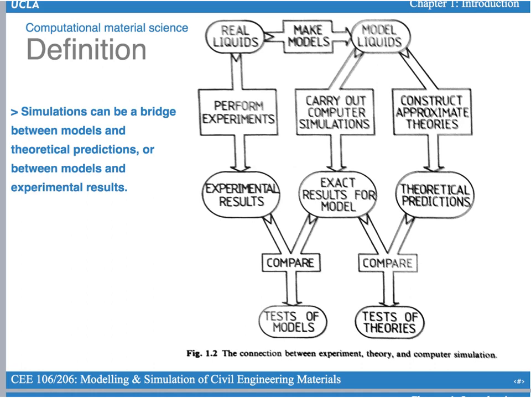Depending on the level of simplification of your models, maybe you can construct an approximate theory. You can make a lot of assumptions to make it possible for the model to be solved analytically. And if it's solved analytically, then you can make some theoretical predictions.